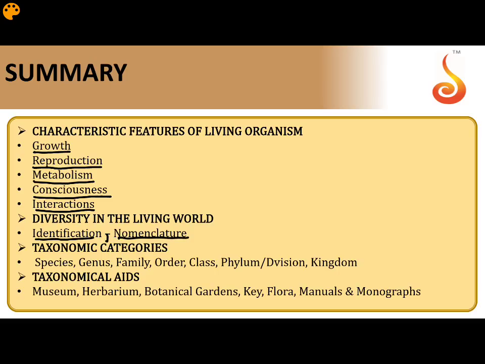But in between identification and nomenclature, we have taxonomic categories formed into species, genus, family, order, class, phylum or division and kingdom. All this is understood best with the help of taxonomical aids such as museum, herbarium, botanical garden, zoological parks, key, flora, manual and monographs. So I hope you are clear with the chapter.